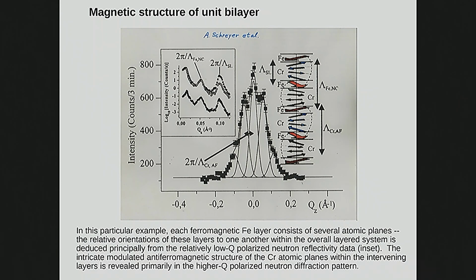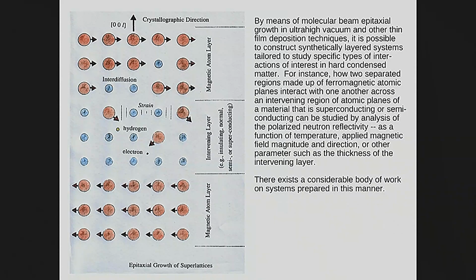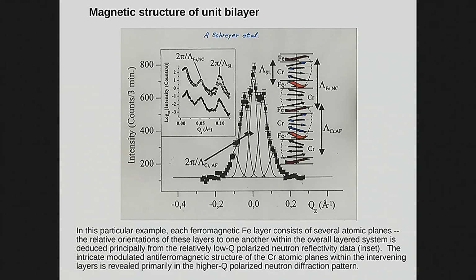And it turns out that if you look at the low and high Q structures, high diffraction angles and low Q, you can get not only what the magnetization is in the magnetic layers, but, suppose as in the case of chromium, there is an oscillating spin density wave, by looking at the higher Q data you can see with atomic resolution, because you go to high enough Q around some Bragg point associated with the atomic plane spacing within the layers, the other length scale.